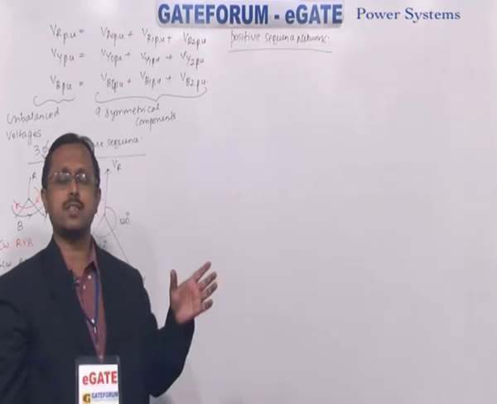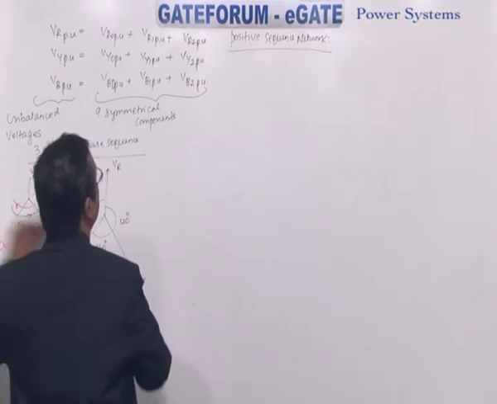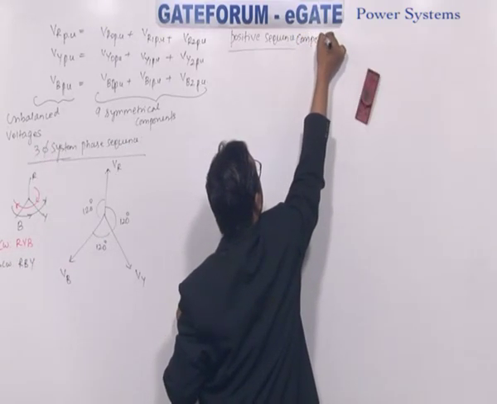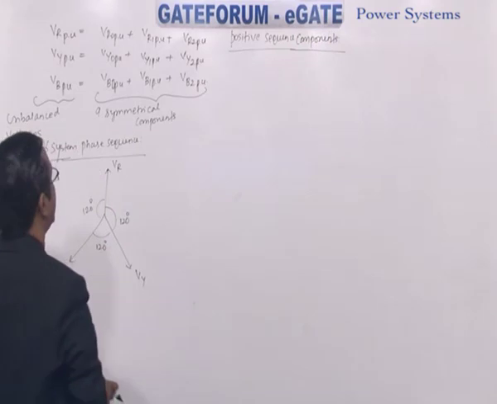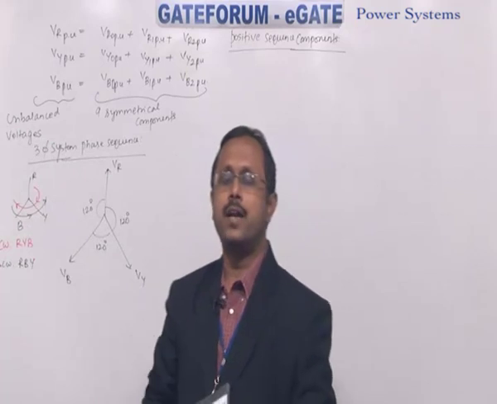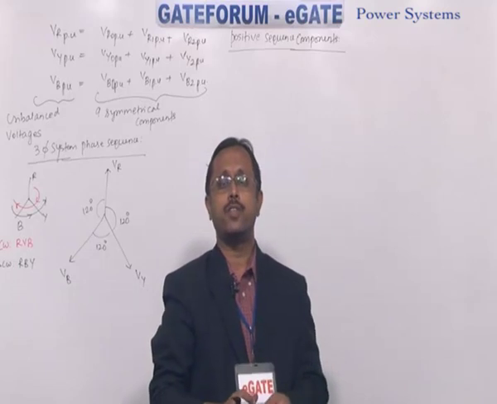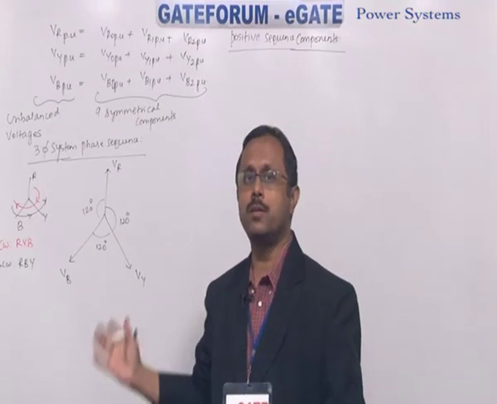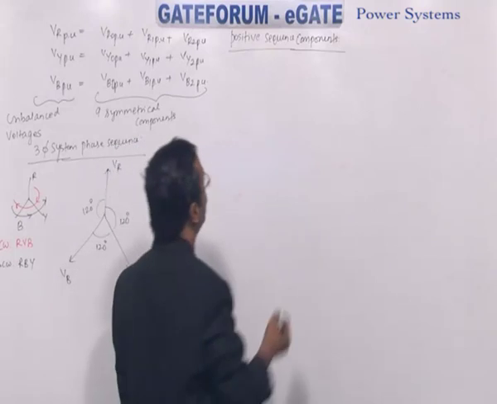So positive sequence components. So first we represent positive sequence components. So how about this positive sequence components? They are equal in magnitude and displaced from each other by 120 degrees and with phase sequence same as the phase sequence of power system network.